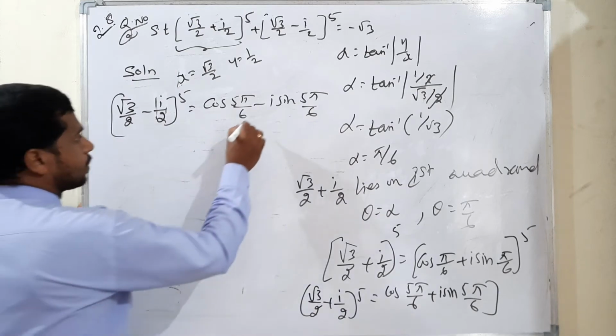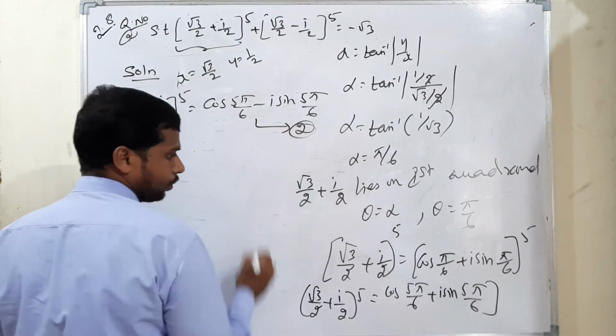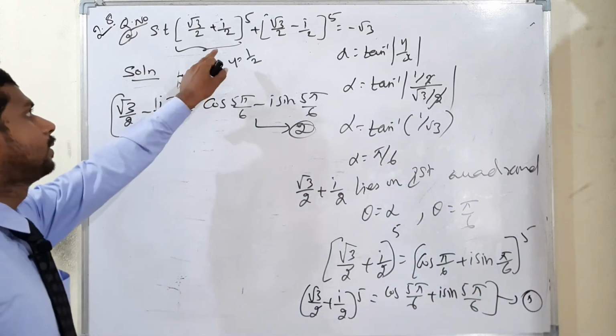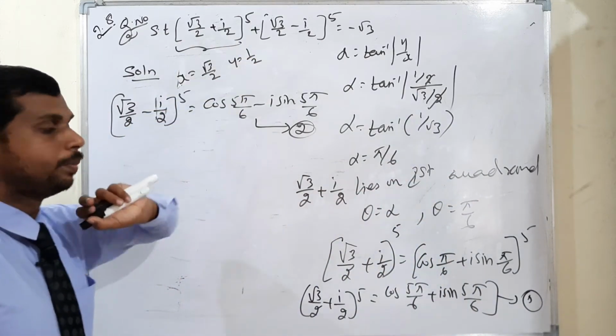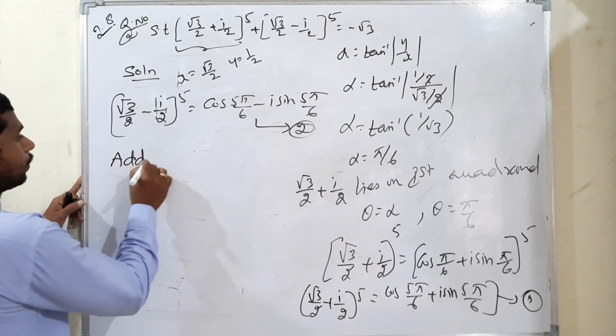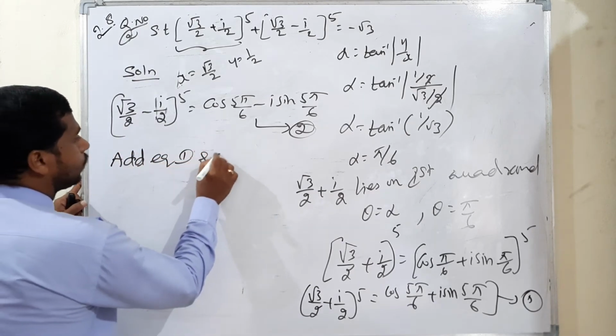So this is considered equation number 2, and this is considered equation number 1. According to the condition, on the left hand side, if I add 1 and 2, we will get a clear value, isn't it? So add equation 1 and 2. What will happen?